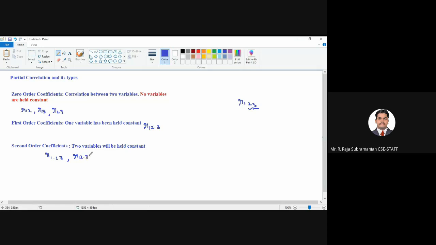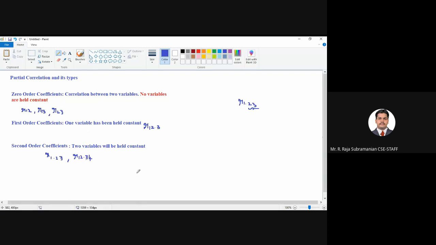This means the influence of variables 3 and 4 is made constant when I make the prediction with respect to R1 and 2. When I want to find the R12 correlation with respect to 3 and 4, 3 and 4 are held constant. That is the second order correlation coefficient. Right? So far so good.